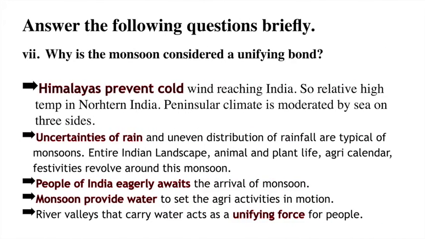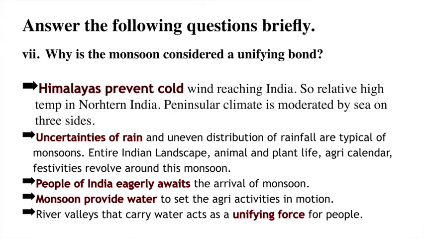The next question is, why is the monsoon considered a unifying point? We know Indian climate is described as monsoon type of climate. That we already know. Even though the general pattern is categorized as monsoon type of climate, it gets a lot of variations.